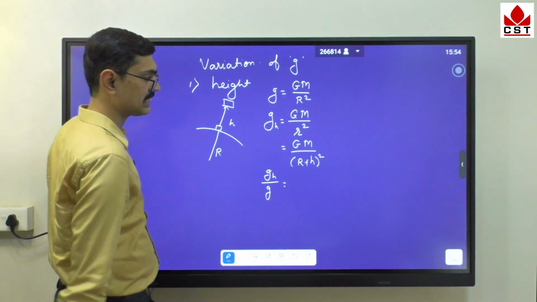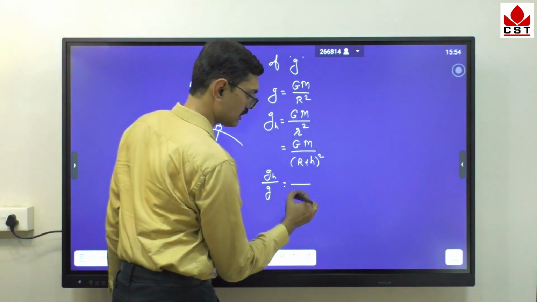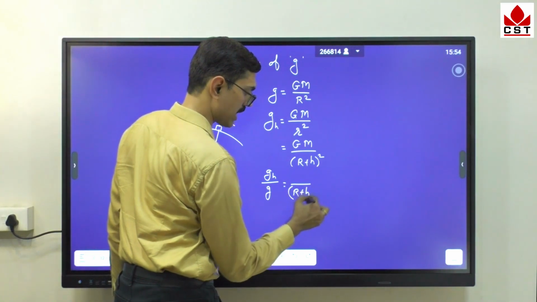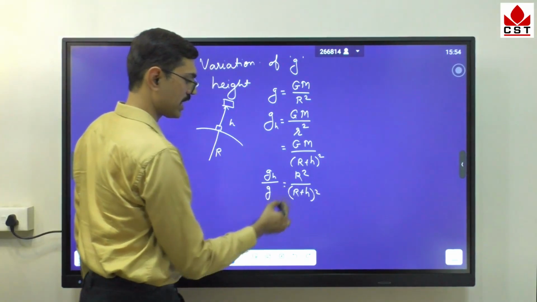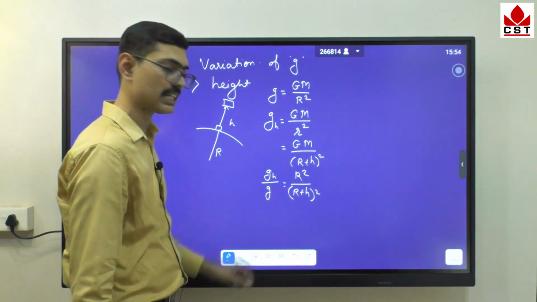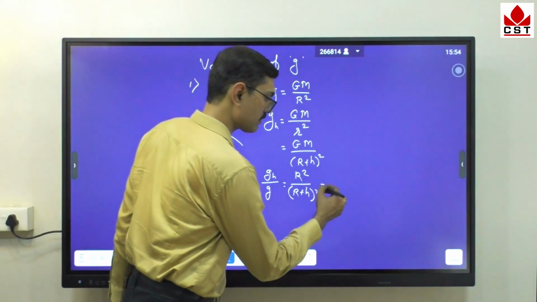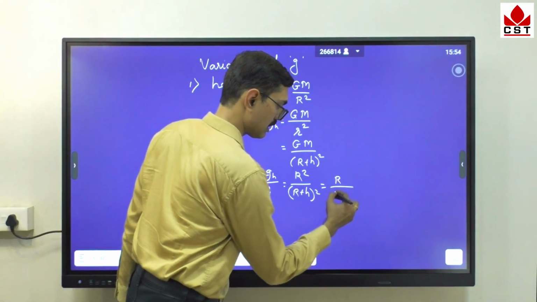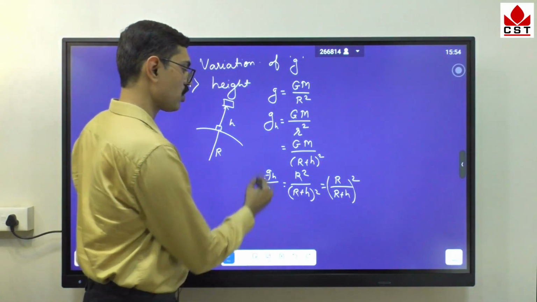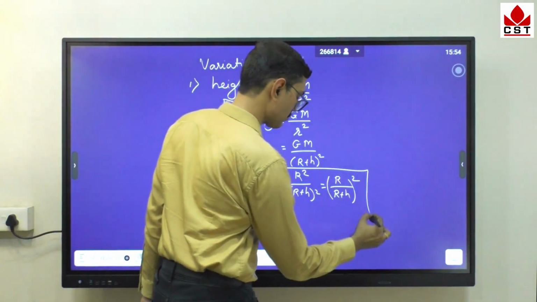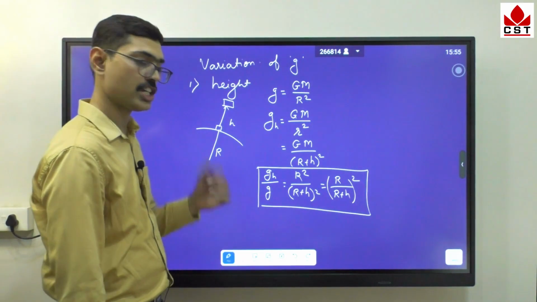GM and GM get cancelled. gh is inversely proportional to (R plus h) square, and g is inversely proportional to R square. So we get gh upon g equal to R square upon (R plus h) square, or we can take it in a common bracket like this. This is our basic, generalized formula for gh upon g.